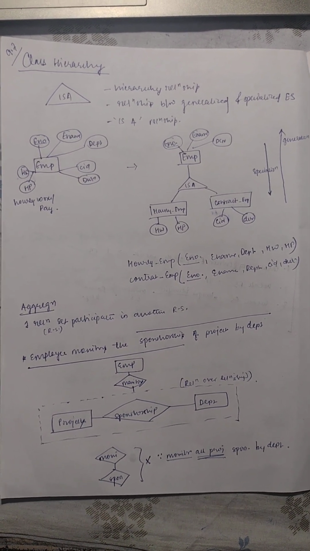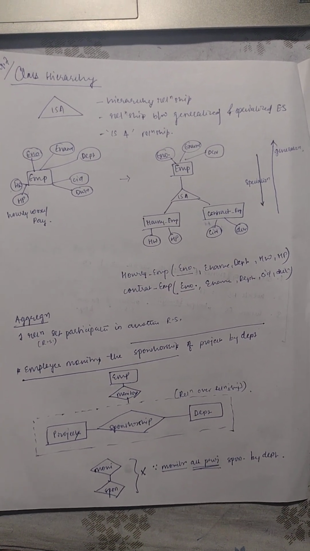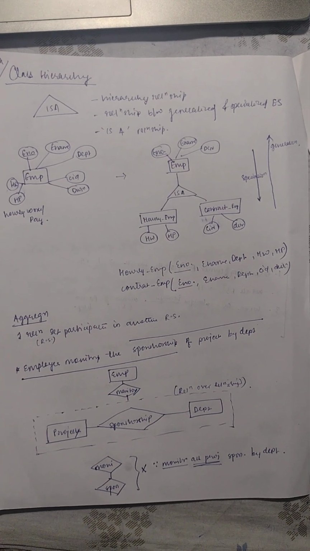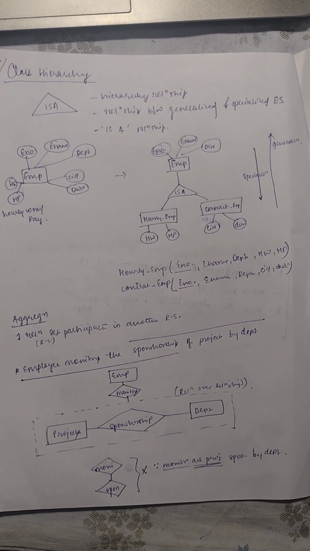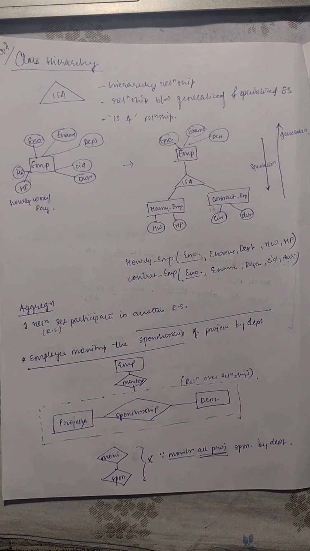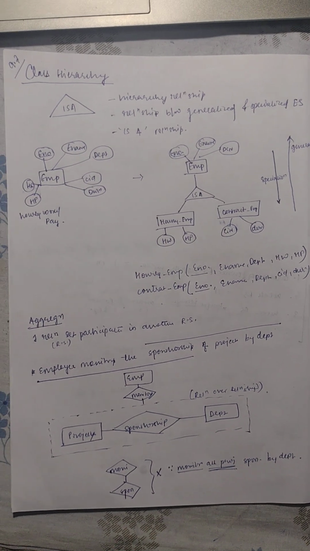So we could see that an employee can be subcategorized into an hourly employee or a contract-based employee. An hourly employee will only have hourly wage or hourly pay, and a contract employee will have contract ID and also the duration.